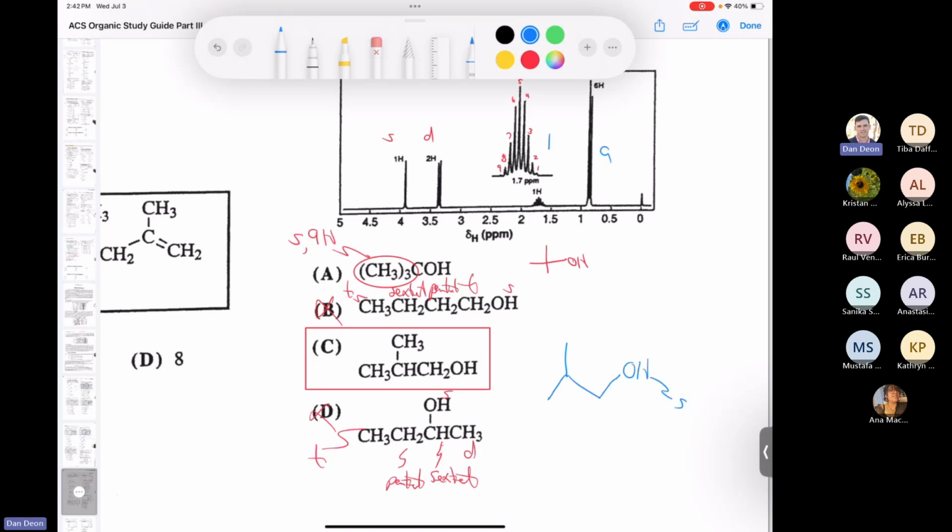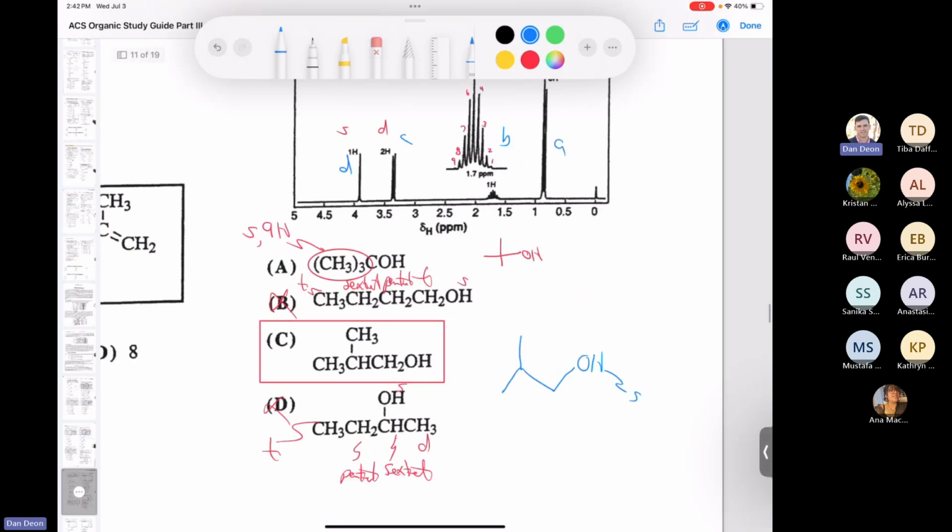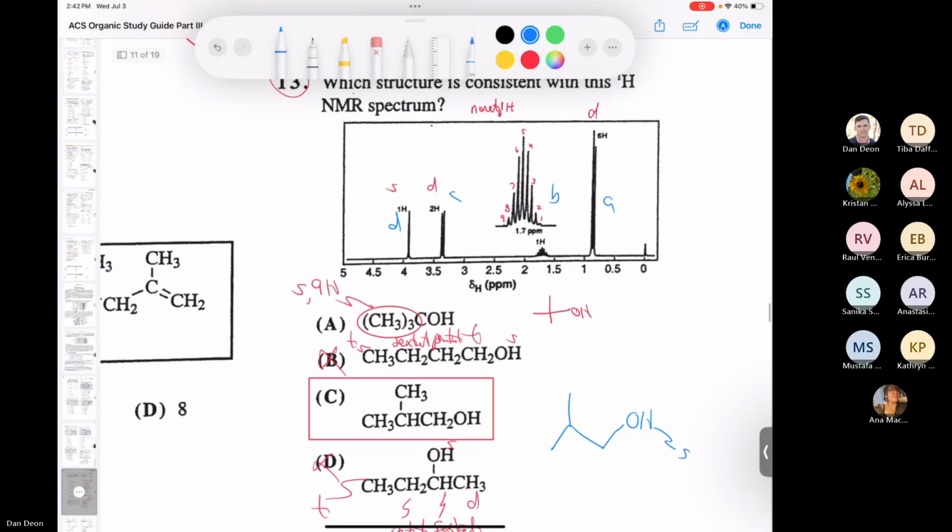So if you call this A, B, C, and D like this, these would be, pardon me, the hydroxyl proton. This would be your A proton, right? And B would be this one here, right? Because it's split by a total of 1, 2, 3, 4, 5, 6, 7, 8.